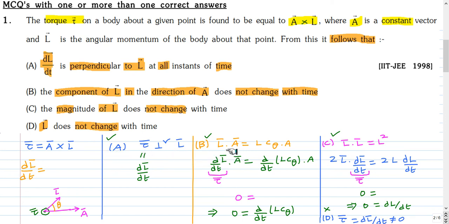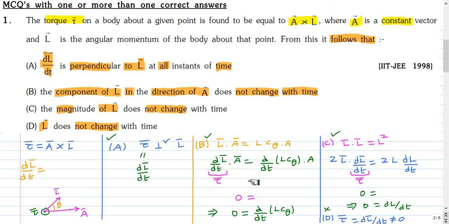Option B, the component of L in the direction of A does not change with time. So L dot A equals L cos theta into A, where theta is the angle between the vectors L and A. If we take the time derivative on both sides, we get d by dt of L dot A equals d by dt of L cos theta into A. A is a constant vector.